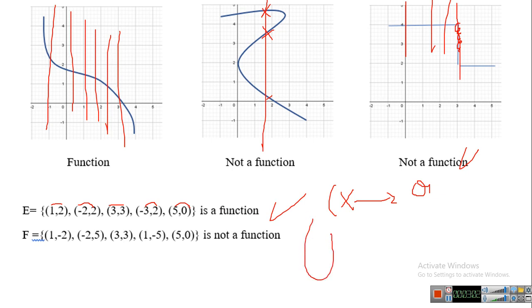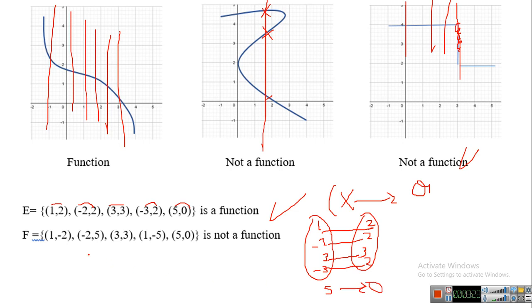So if you want to graph it, you have 1 with 2, minus 2 with 2, 3 with 3, minus 3 with 2, and the last one 5 with 0. So everyone has only one.